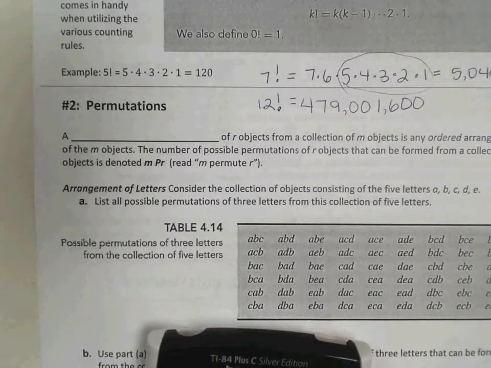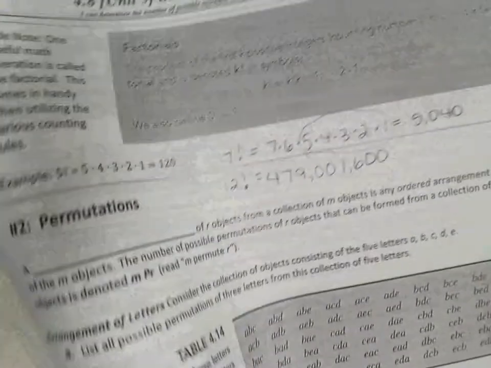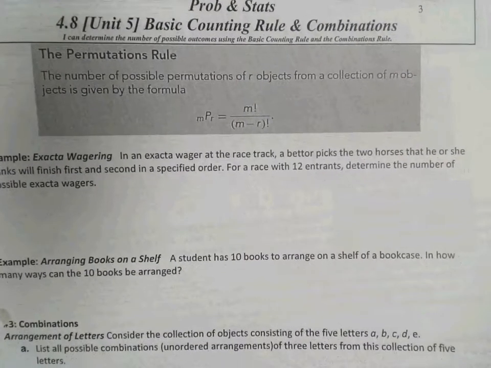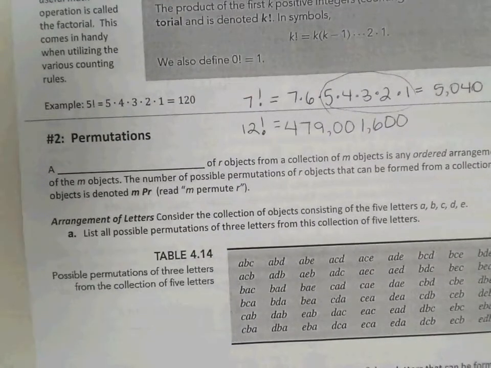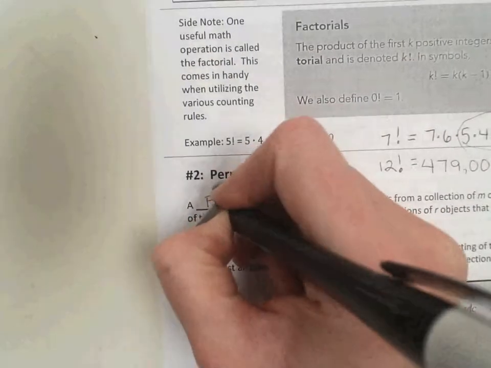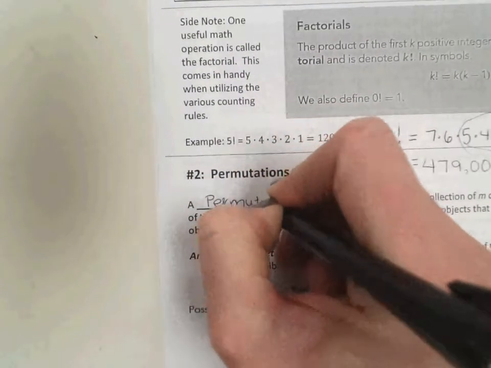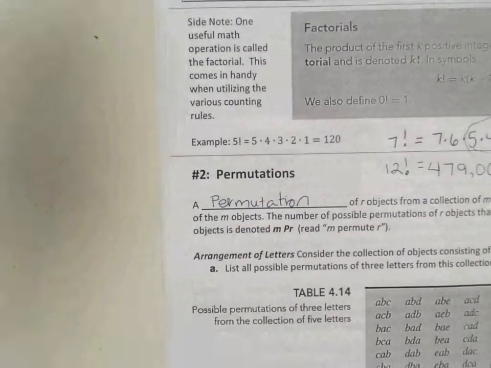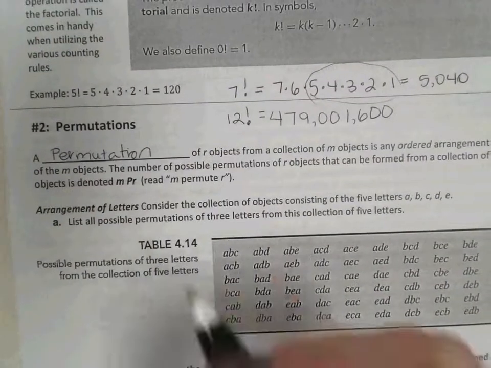Next up, we're going to talk about permutations, and you're going to see in this fancy formula we'll take a look at in a second, there are factorials involved. But first, let's start at the beginning. So a permutation of R objects.